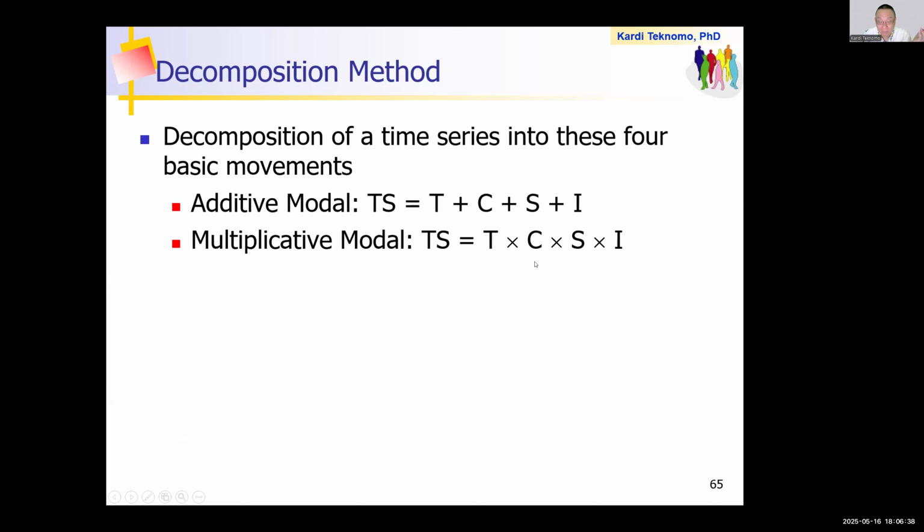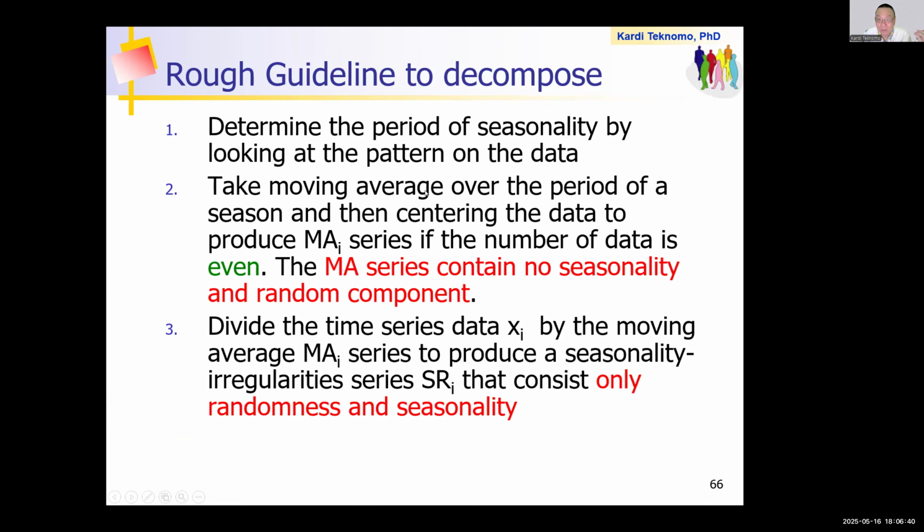The simple guide for this one is you look for the period of seasonality by looking at the pattern in the data. Then you use MA, or moving average, or EMA from a while ago, over the period of the season and then take the centered data to produce the MA series, if the number of data is given.